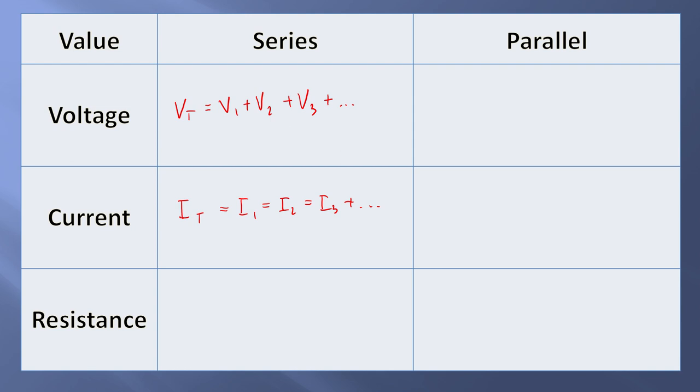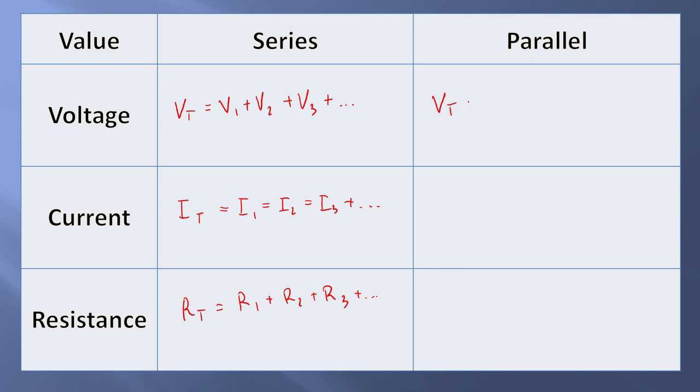For resistance, if you have a circuit in series, the resistors add up. So your R total is going to equal the sum of R1, R2, R3, and so on. So that's for circuits in series. Now for circuits in parallel, if you're talking about voltages, the voltage is going to be all the same.